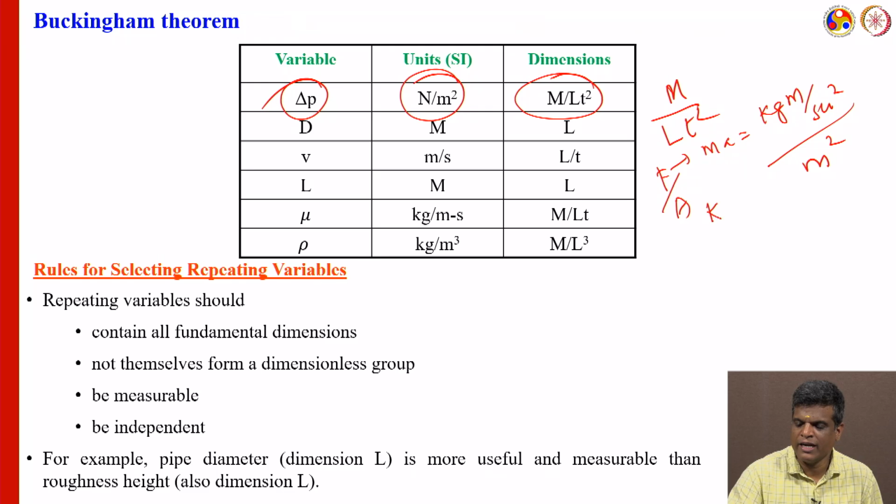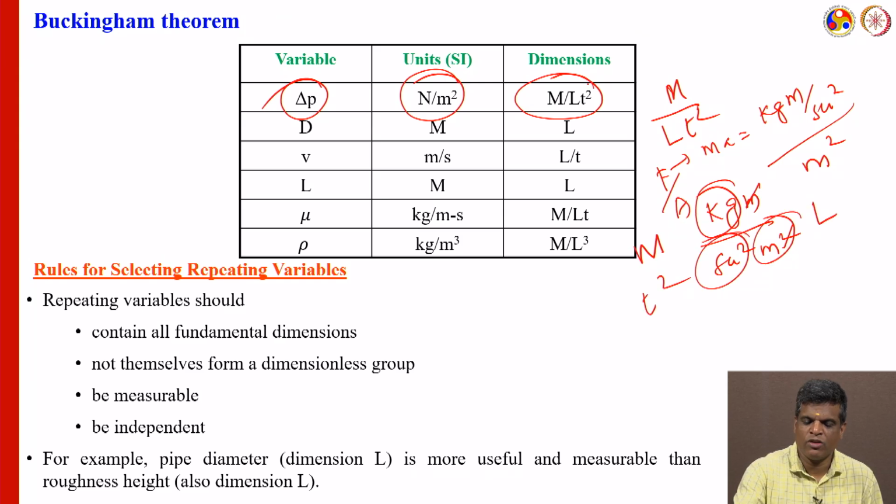Finally we get kg meter per second square meter square, and we can cancel. So kg is mass M, second square is T square, and meter is L. Diameter is L, and velocity, meter per second, is L by T.